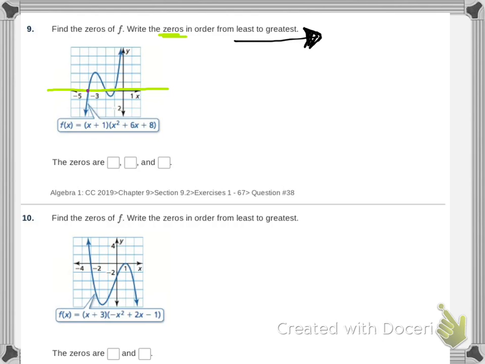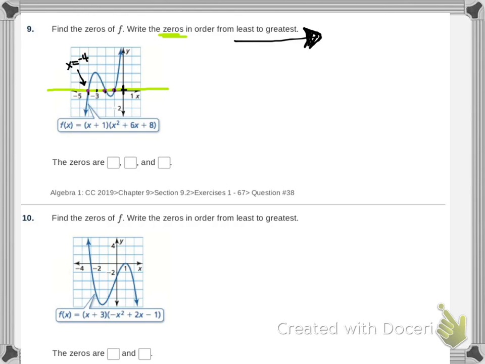I see a 0 here, here, and here. So my question is, what does x equal right there? Well, x looks like negative, I thought it was negative 3, but let's count. Here's 0, negative 1, negative 2, negative 3, negative 4.